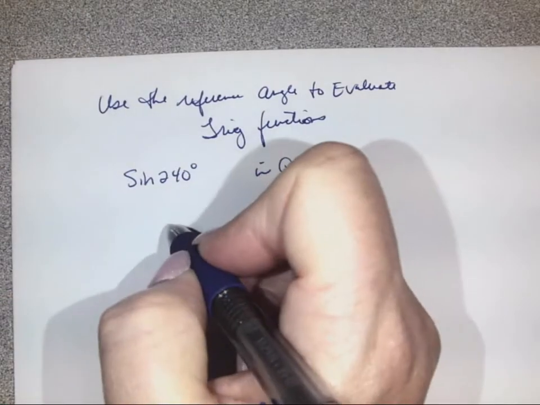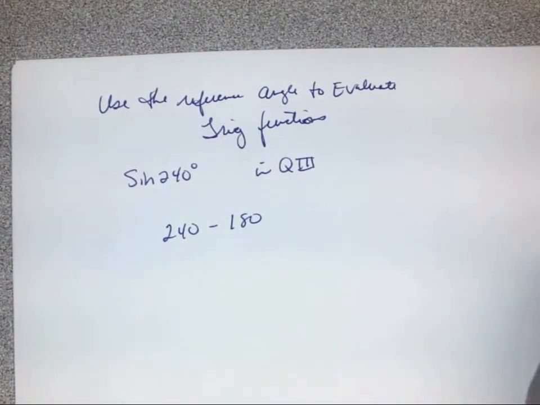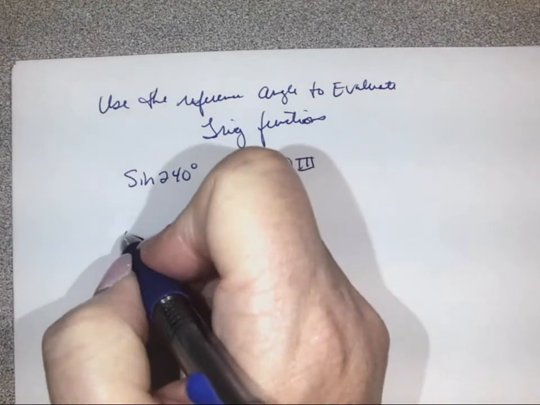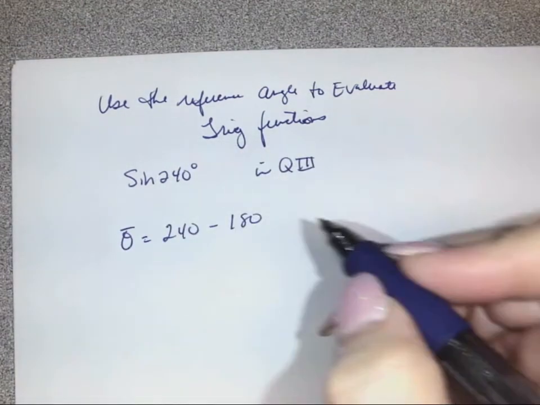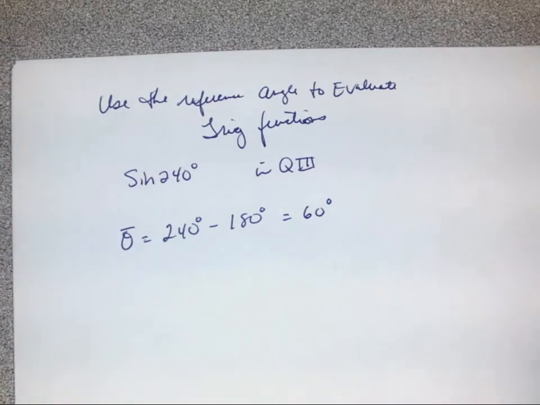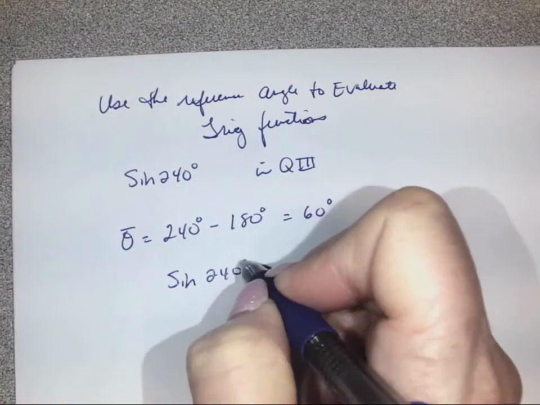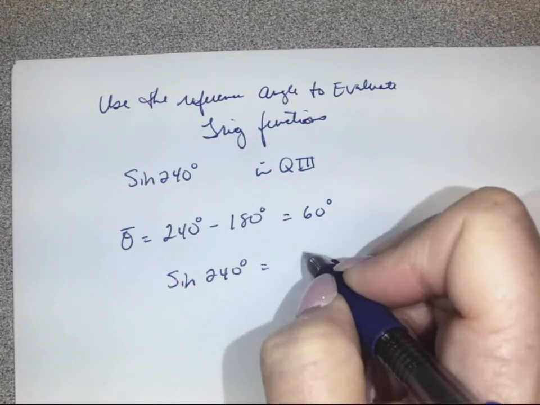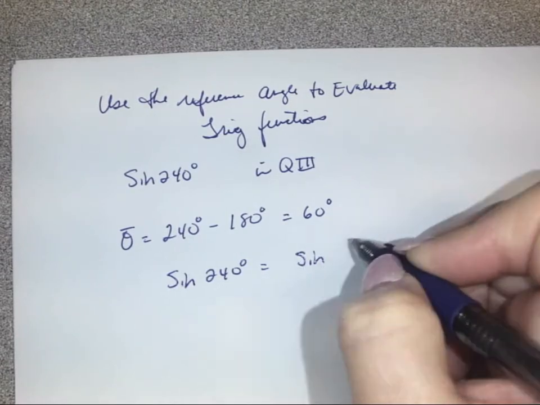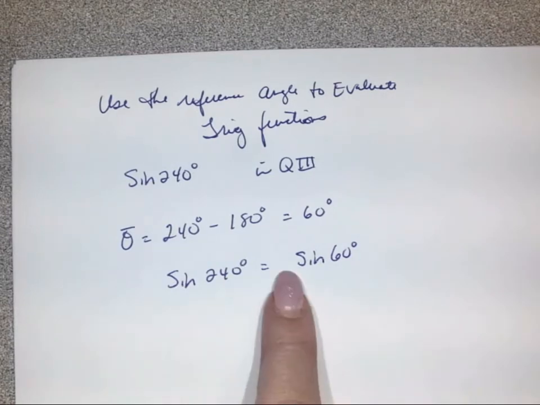So we're going to take 240 minus 180 to find our reference angle, and that'll get us 60 degrees. So the sine of 240 degrees would be equal to the sine of 60 degrees, but we need to decide if this is positive or negative.